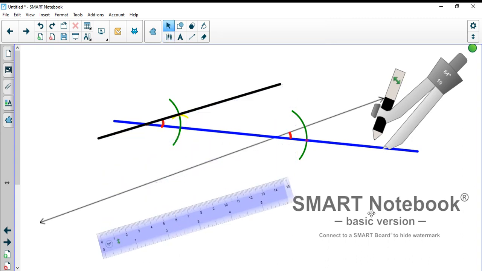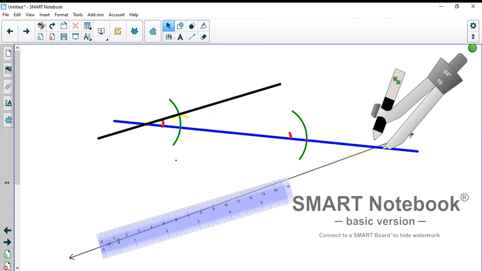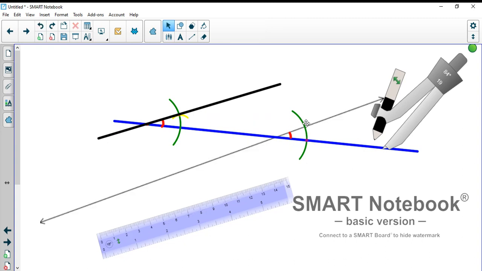All right, so again, lots of instruction, but just so that we kind of know what happened, the first thing that we did was made this line here that connected the initial point with some sort of intersection on the initial line. Then we repeated this angle by making this arc here and then repeating the arc over here.